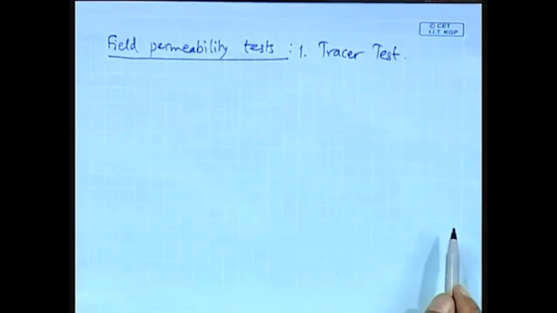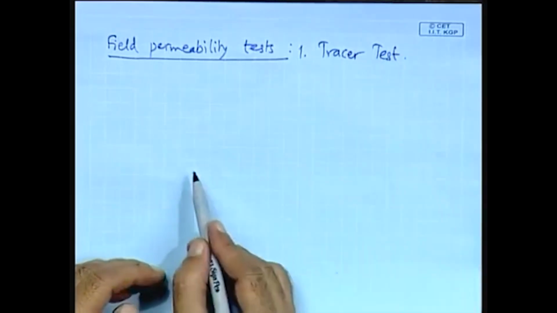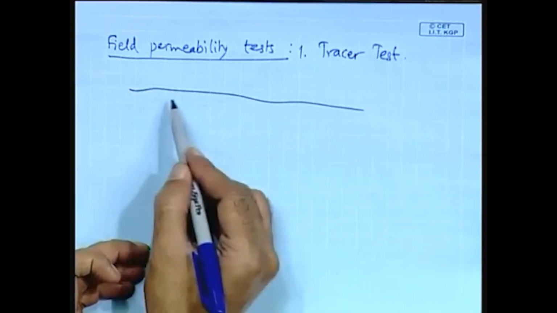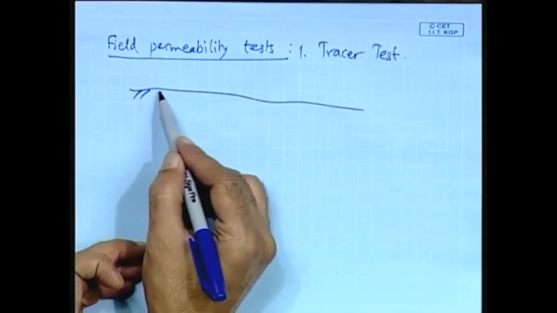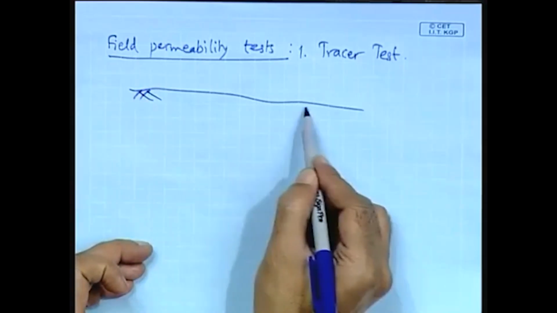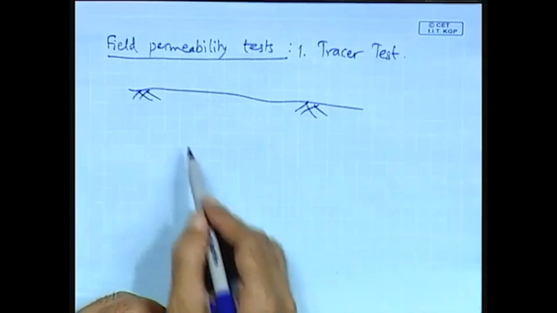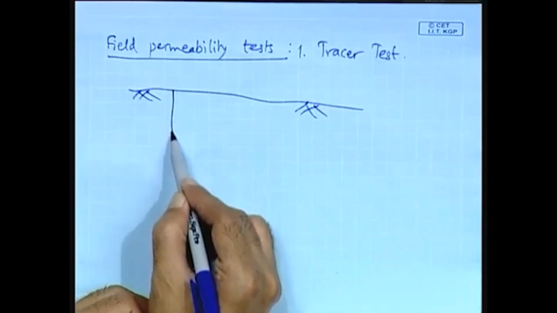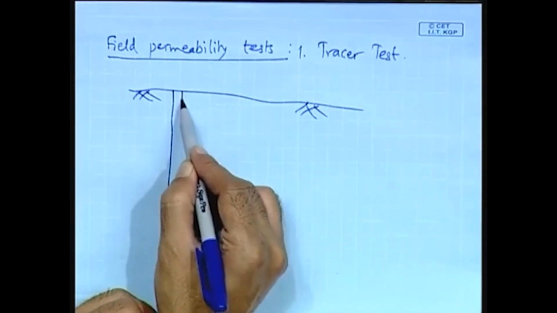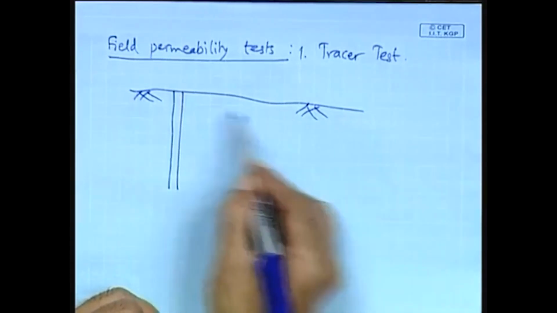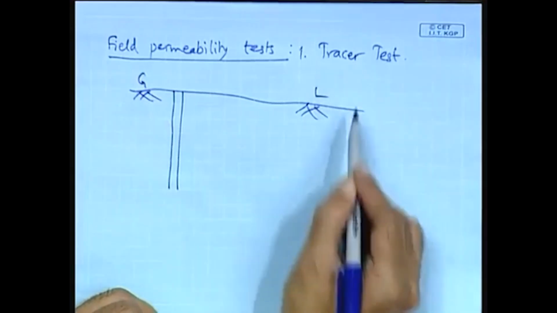So, in this tracer test, suppose there is a groundwater or a soil or rock sample. Here two holes are drilled, one at the upstream and another one at the downstream.